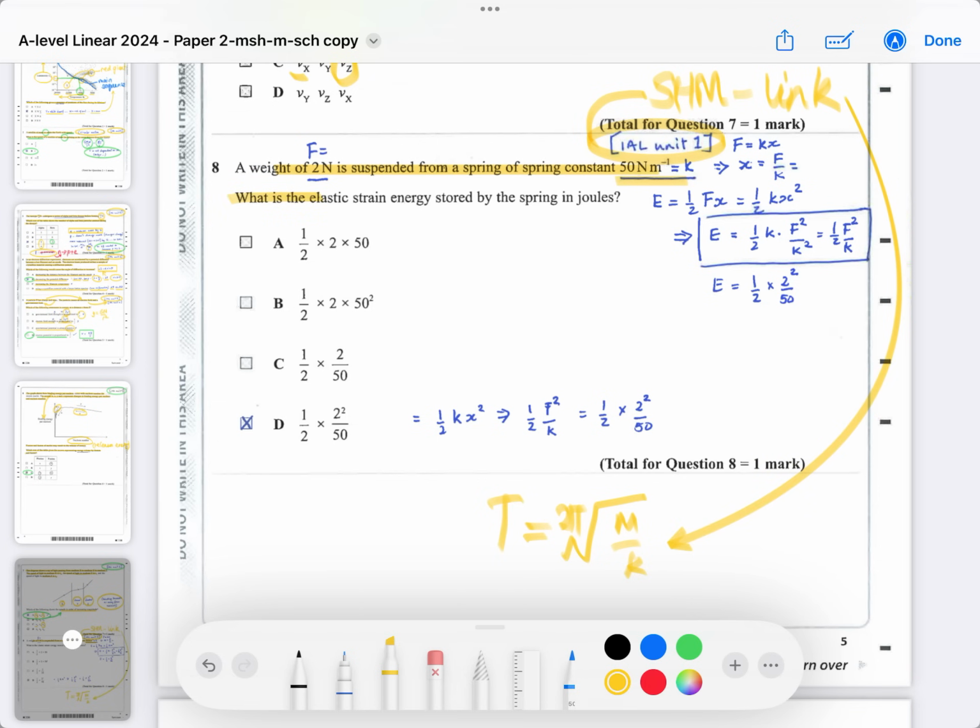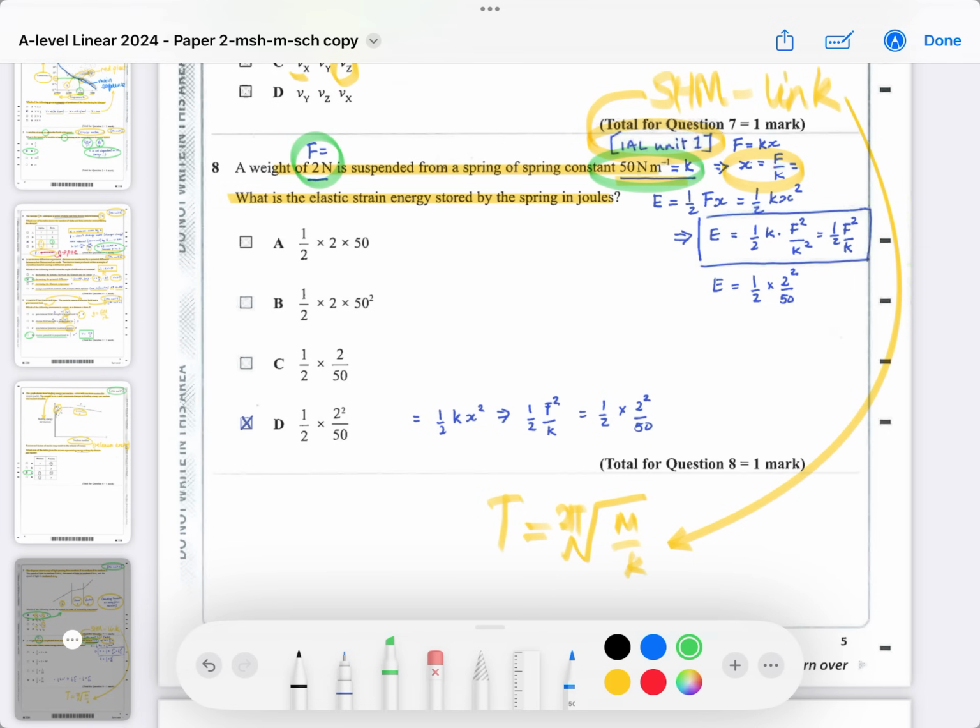What is the elastic strain energy stored in the spring, in joules? Once we know k, we can work it out because we know F. So x is F over k, because we know F and we know k. So we want the answer in terms of F and k. Does that make sense? Here we know F, here we know k.